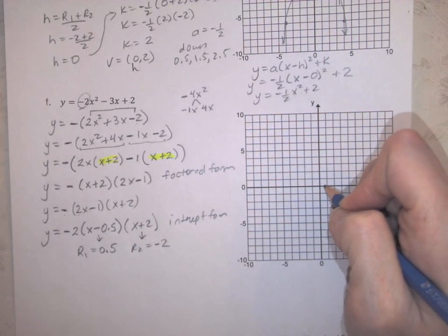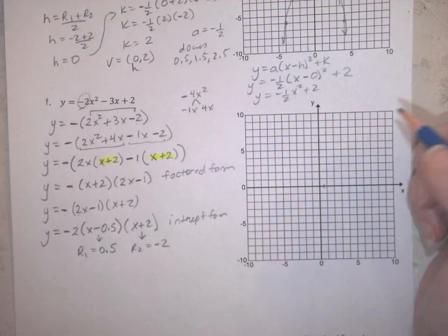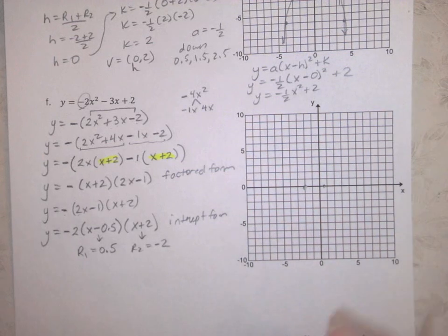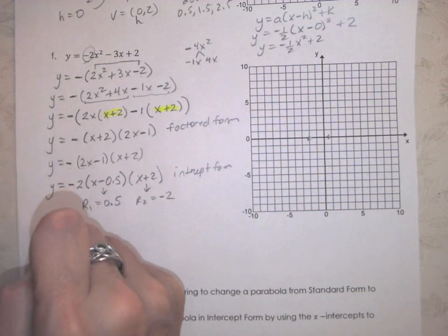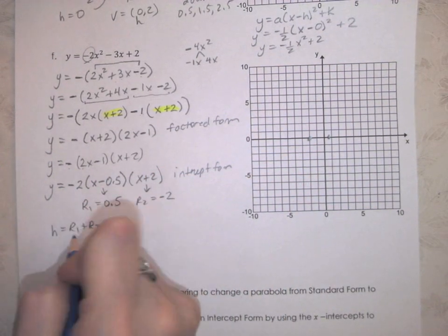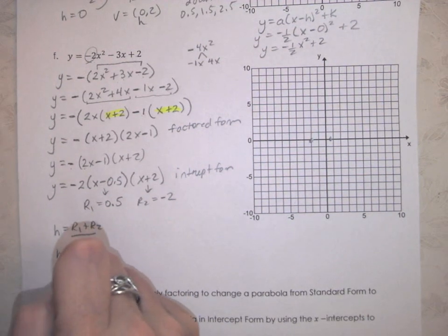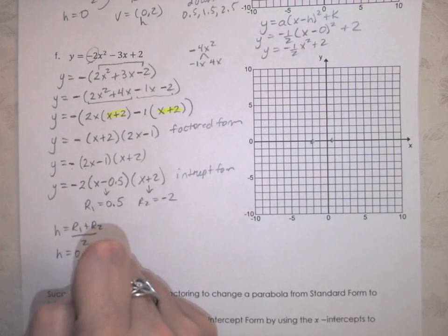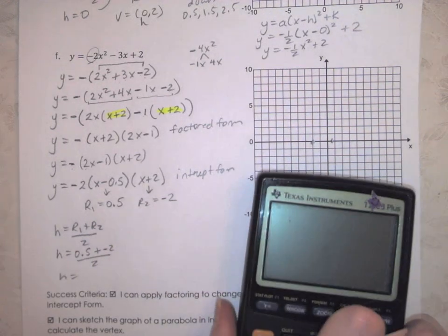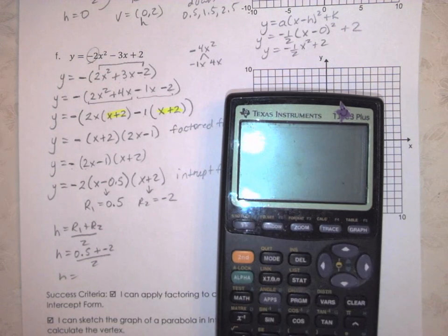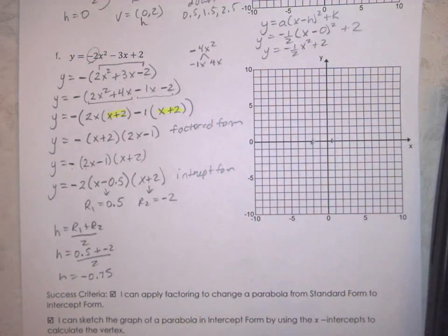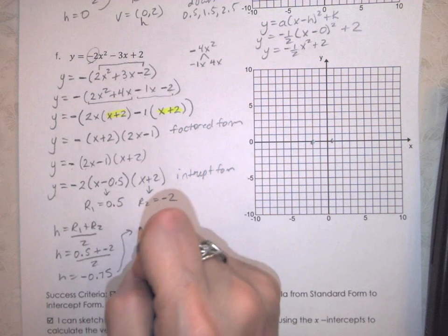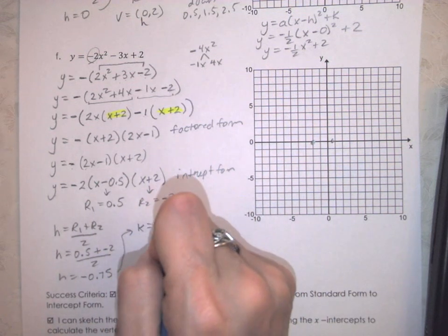So we can mark those on our x-axis at positive 0.5 and at negative 2. And then we can find h by adding our x-intercepts together and dividing by 2. So 0.5 plus negative 2 divided by 2 is negative 0.75. And then we can sub into our intercept form to find our k.